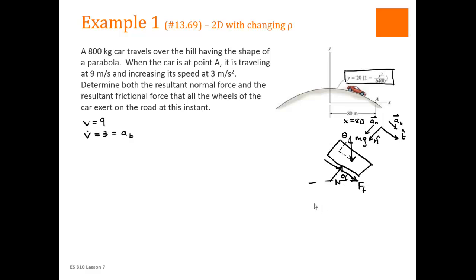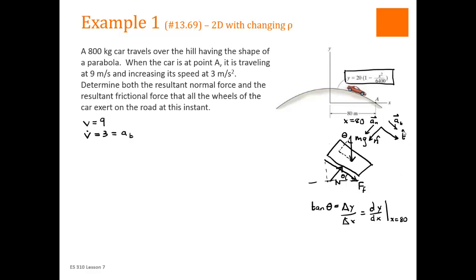This theta, we have the tangent of that theta is equal to the change in the y direction, which is the opposite, over the change in x, or we could write this as the derivative of y with respect to x. At this particular point, x is equal to 80, and we'll find that in a second. So now we have our free body diagram. We can write our equations of motion.